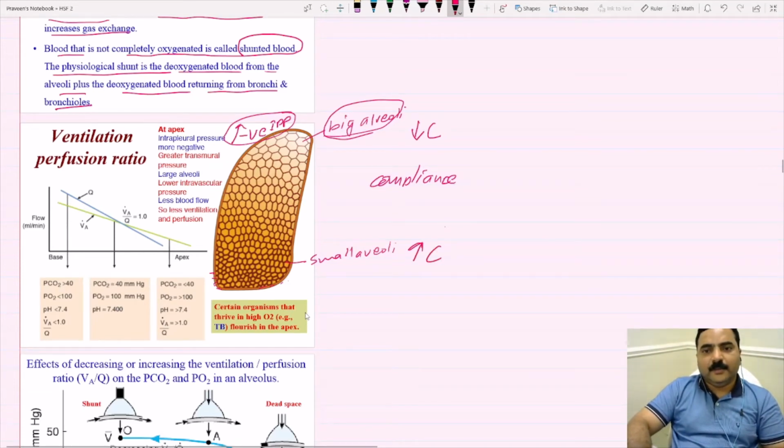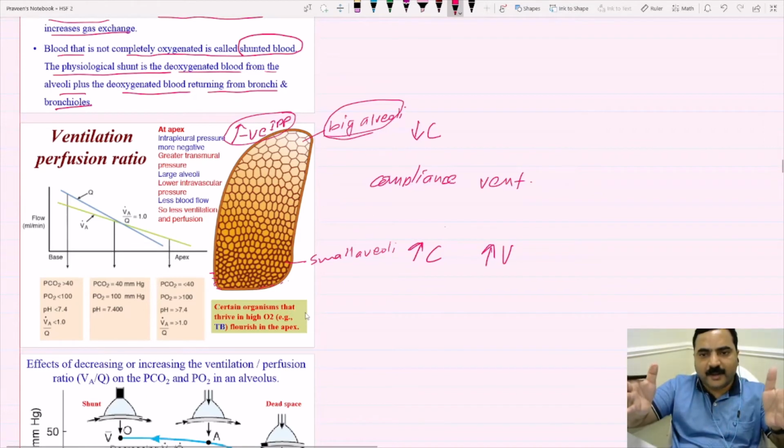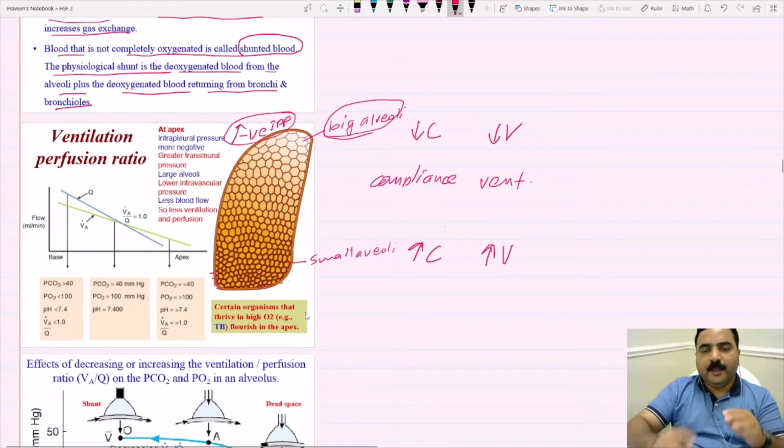When the air is coming, what happens to the ventilation? You have more ventilation here, because more compliance means easy expandability, so more air can come in over there. Here there will be less ventilation, as you see there is a big alveoli, and it is compressing the vessels.